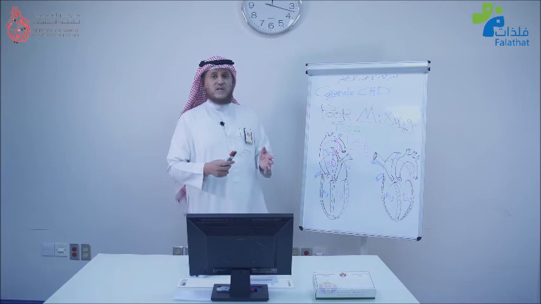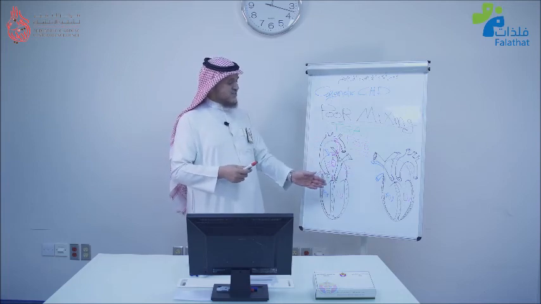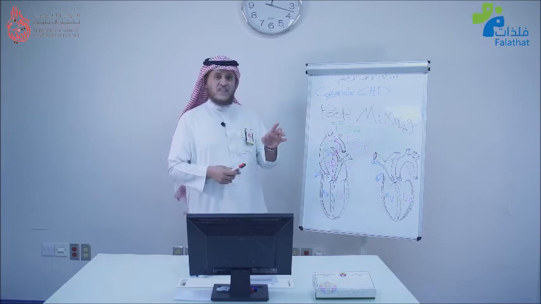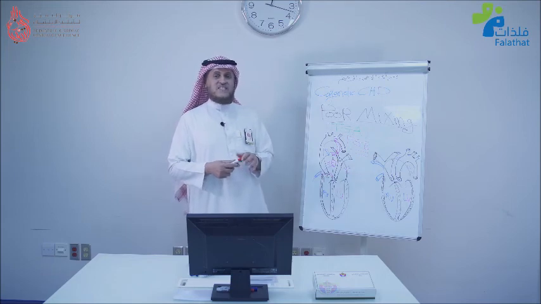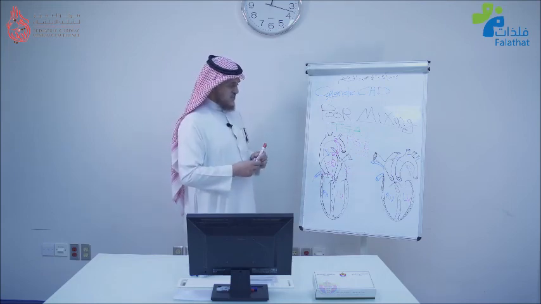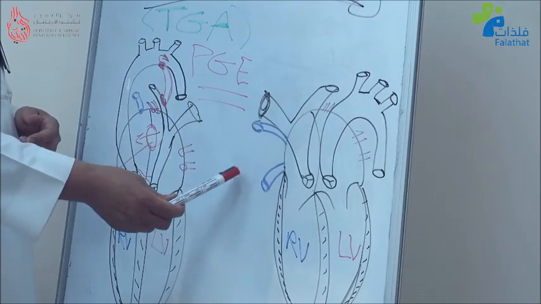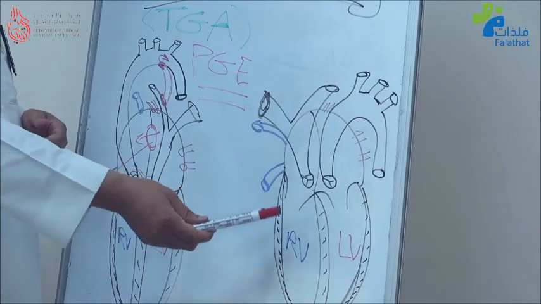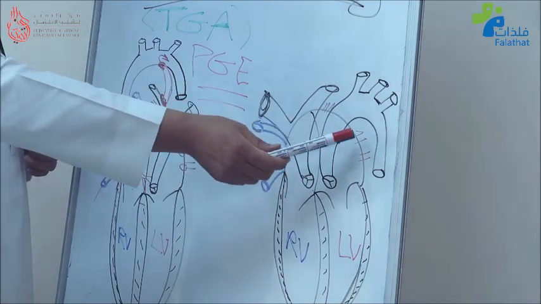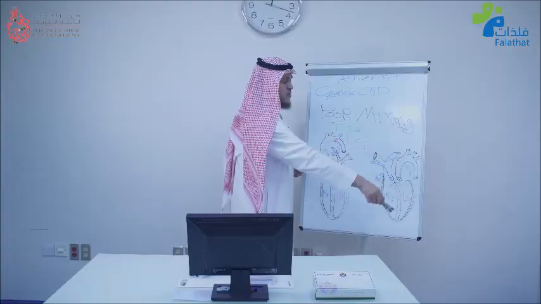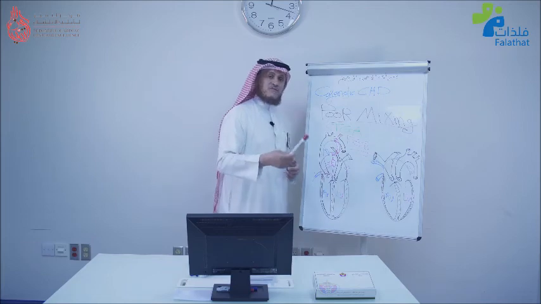We talked, finally, about the poor mixers, where it is not a matter of right to left shunt or decreased pulmonary blood flow. Actually, in transposition, there is increased pulmonary blood flow, yet they are still extremely blue because the circulation is not in succession like in the normal side, where it goes from the venous return to the right ventricle, to the lungs, to the left atrium, to the left ventricle, and then to the aorta and the body, and back to the right ventricle.